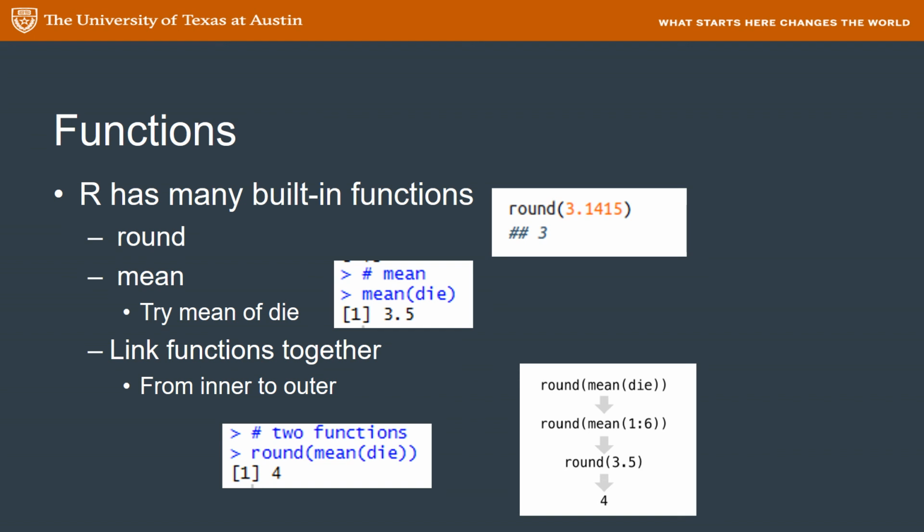When the computer runs this code, it starts from the innermost and gradually propagates to the outermost. First it evaluates die, which is the vector from 1 to 6, and then it does the mean. The mean of 1 to 6 is 3.5, and then we do the rounding, where the default number of decimals is 0, so the result is 4.